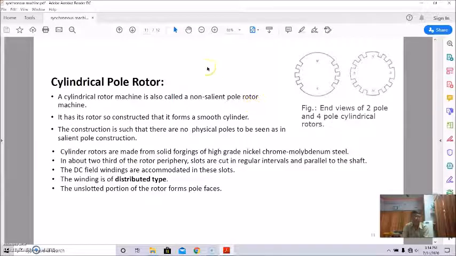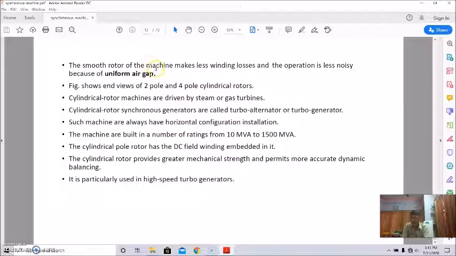Basically, a stationary armature is more easily insulated for the high voltage for which the alternator is designed, and this generated voltage may be as high as 33 kV. So if the armature is stationary, it can be more easily insulated for this high voltage generation.